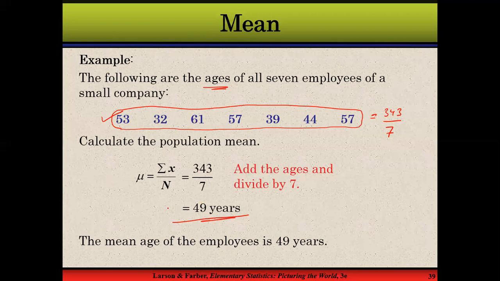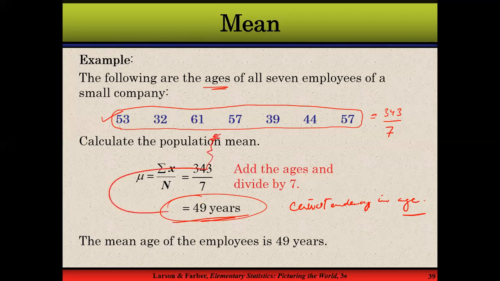So this shows the central tendency in the age of these people. So this value, 49 years, basically tries to sum up all these values within a single value.